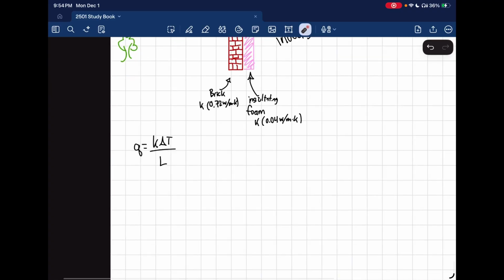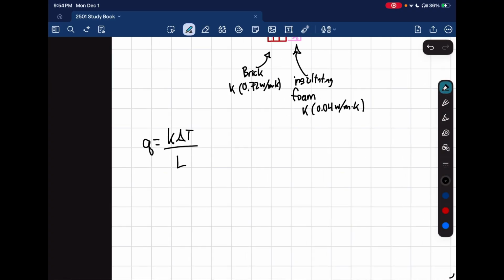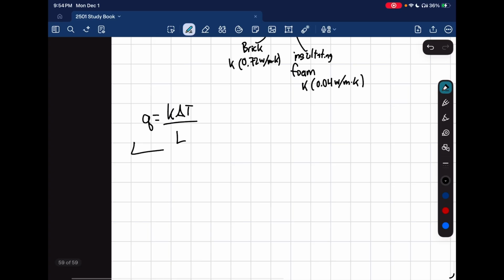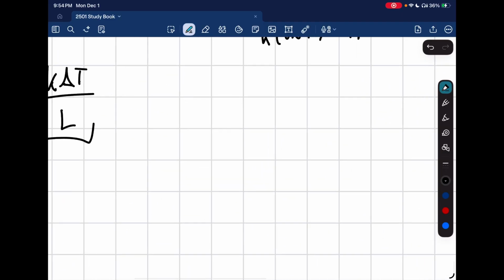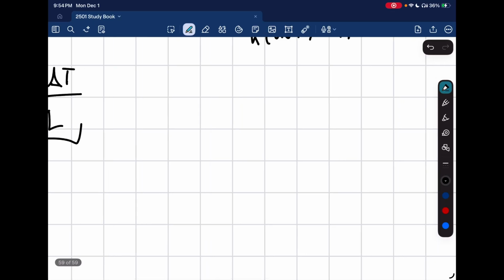Alright, so what we should note primarily is that the heat flux between the two layers is going to be the same. So this is our equation. Heat flux is Q, K is the thermal conductivity, delta T is the change in temperature, and that is over the thickness of the material. So since we decided that the heat flux is equal between the two layers, we can say Q of brick equals Q of foam.